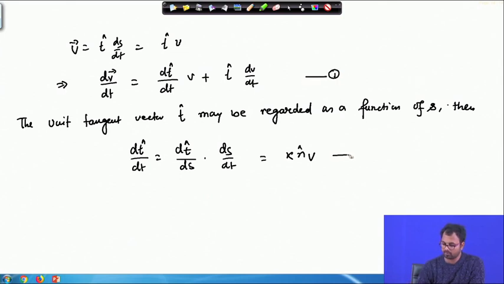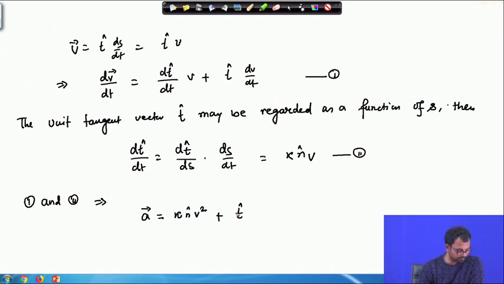let us say equation 1, from 1 and 2 we will have dv/dt, which is basically our acceleration, is equal to dt/dt, and dt/dt is actually kappa n times v square, where v is scalar and these are vectors, plus t times dv/dt.